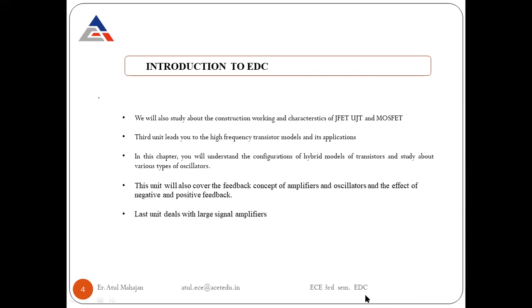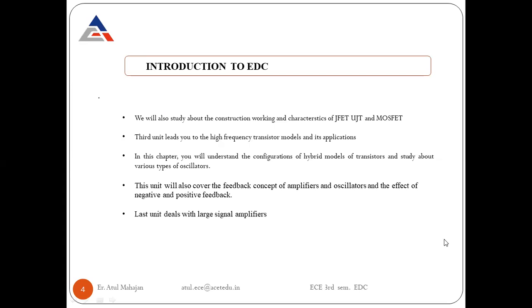Then we'll be talking about the last unit. The last unit deals with the large signal amplifiers. What are the large signal amplifiers and what is the basic ability of large signal amplifiers? Large signal amplifiers deal with high voltages and high power.